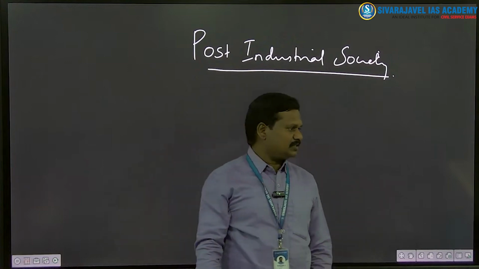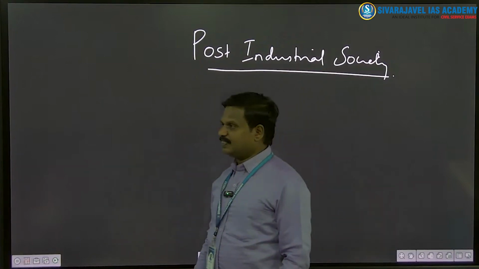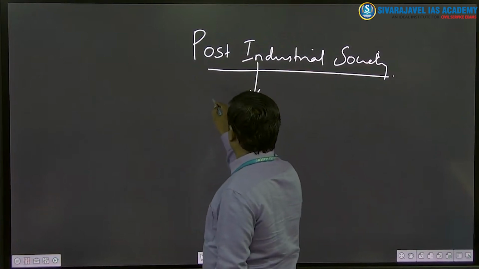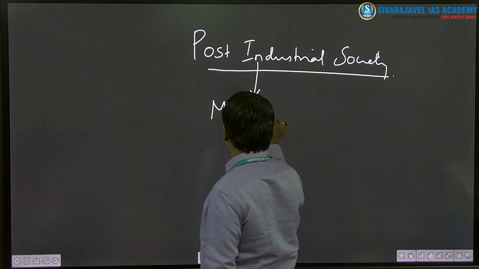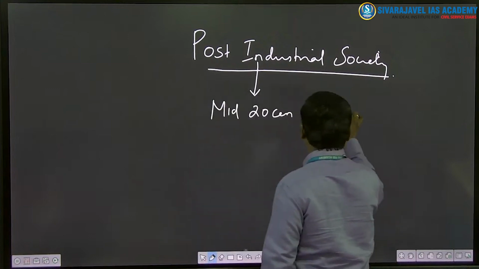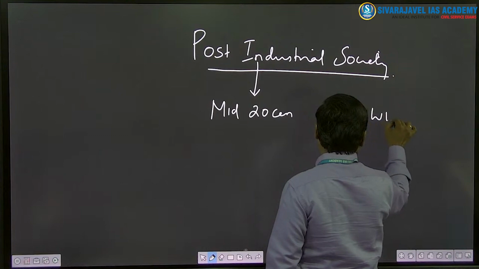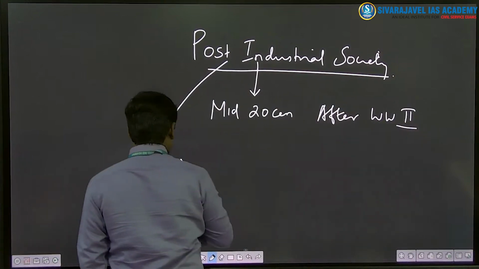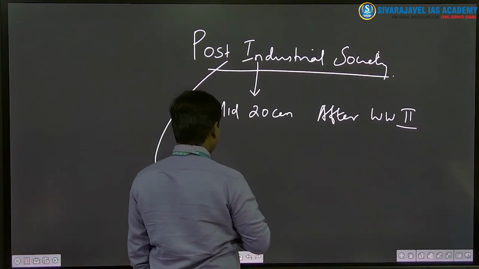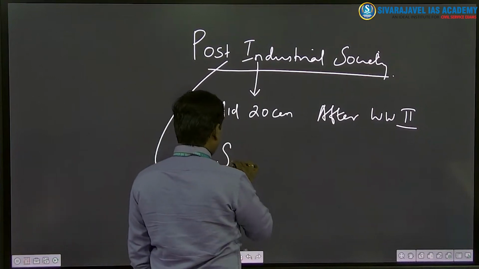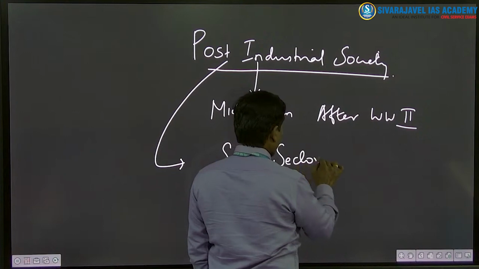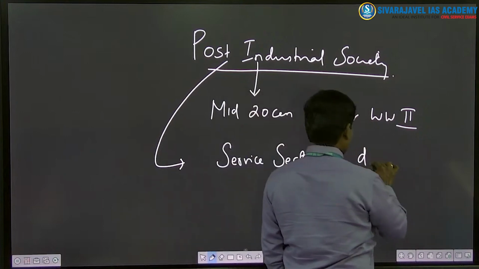The fifth society is called the post-industrial society. This can be traced to, as I told, the mid of the 20th century after World War II. This is a society where more and more of the economy is dominated by the service sector.